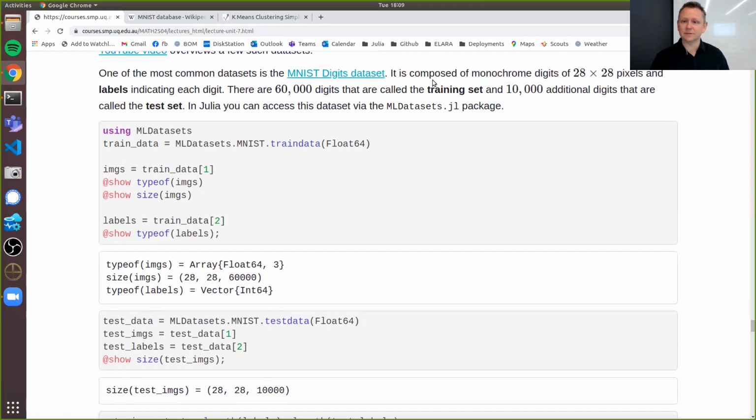So the MNIST example here, there's 2 sets of data, what we call the training set and the test set. So if you want to know how well an algorithm does, you're going to need something to test it on. Okay, so the 10,000 test set characters are sort of like, a human's gone through and marked each digit as 0 or 2 or 5 or whatever.